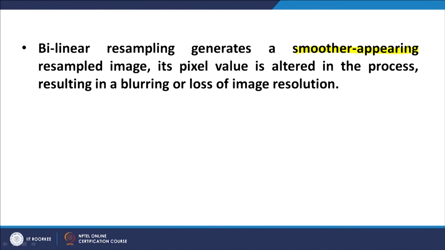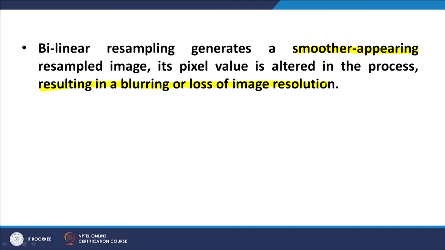Because the one having the nearest or maximum overlap will have the maximum say while deciding the pixel value for the target pixel. And bilinear resampling generates a relatively smoother appearing image compared to nearest neighbor resampling, though the pixel value is altered in this process because a weighted average of 4 surrounding pixels has been taken, and that may produce a blurred image or loss of image resolution.